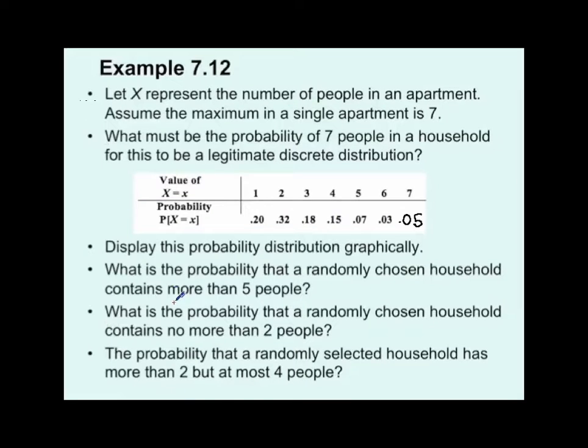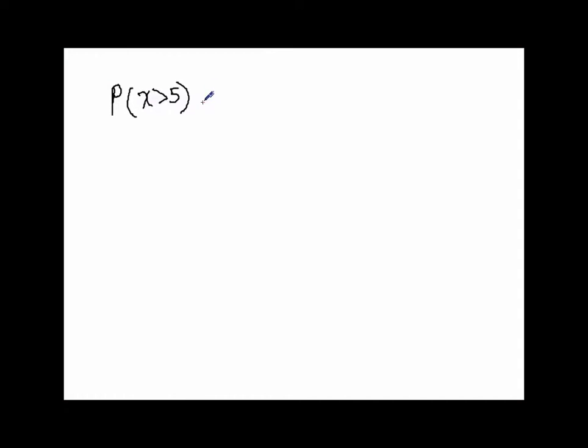More than 5 would be the probability of 6 or 7 occurring. So the probability of x being greater than 5 is equal to the probability of x being greater than or equal to 6, which is equal to the probability of 6 plus the probability of 7. Okay? Hopefully that's making a lot of sense to you there.